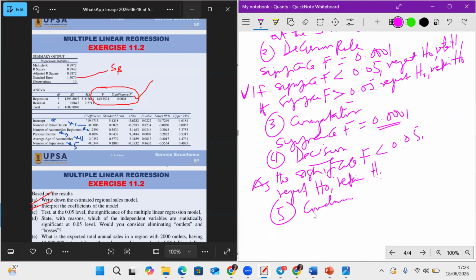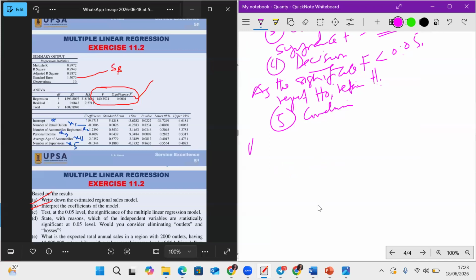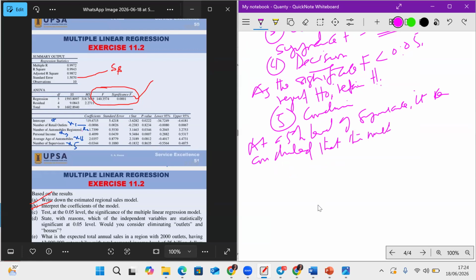So conclusion: at a 5% level of significance, it can be concluded that the multiple linear regression model is what? Is significant. Do you get it?